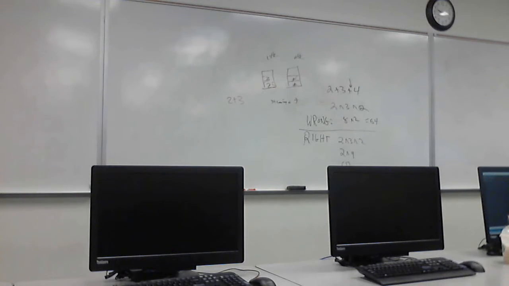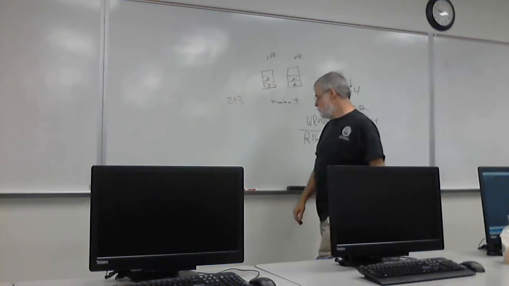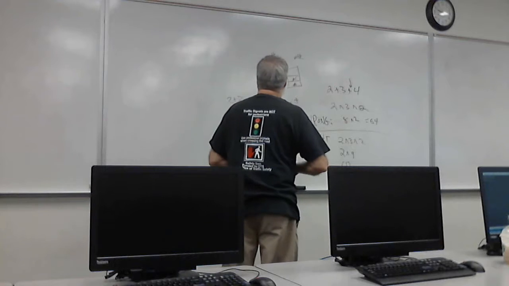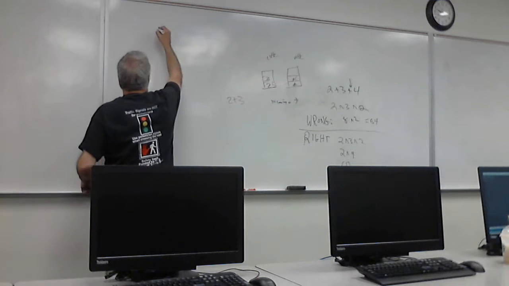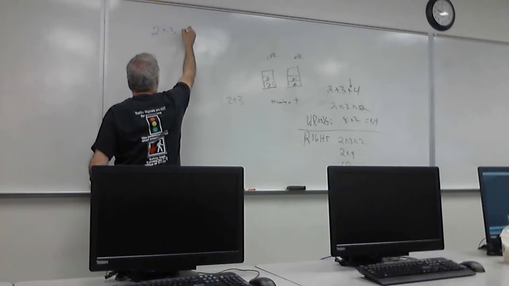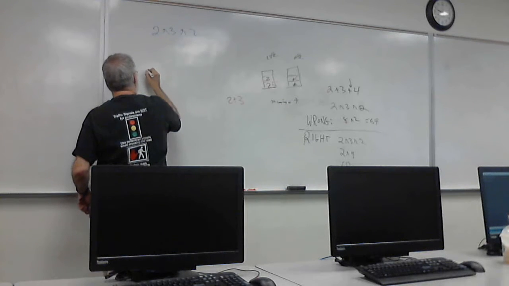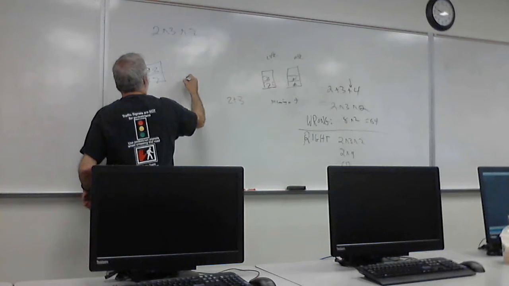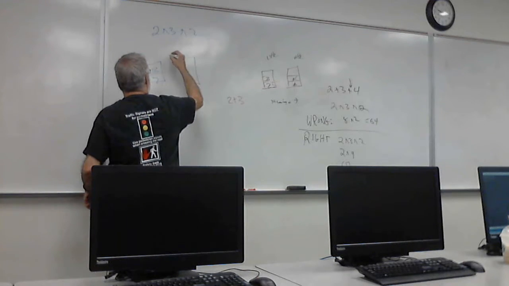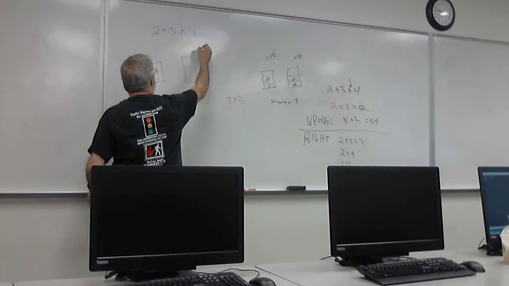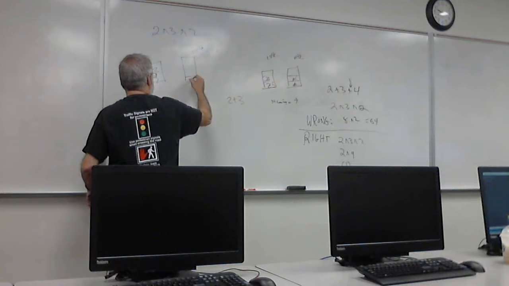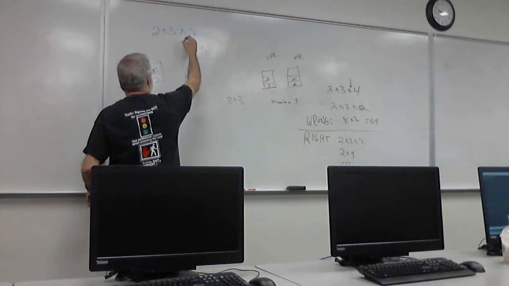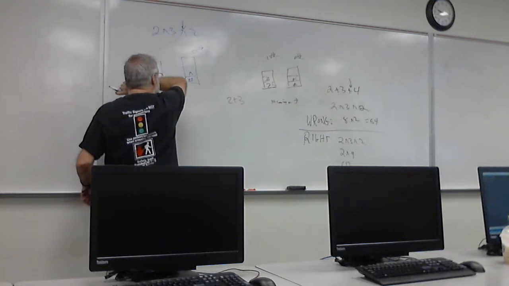And so what happens then, if you have 2 caret 3 caret 2, yeah, the I stack is going to have the 2 on it, it's going to have the 3 on it, and the O stack is going to have the sharp on the bottom and this caret, and we're right here at this incoming.